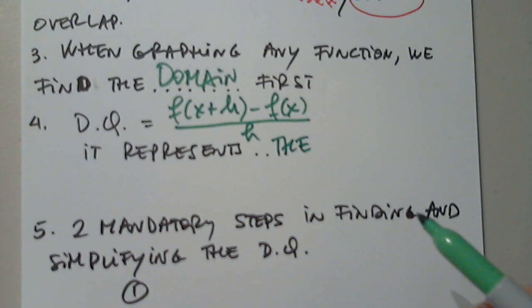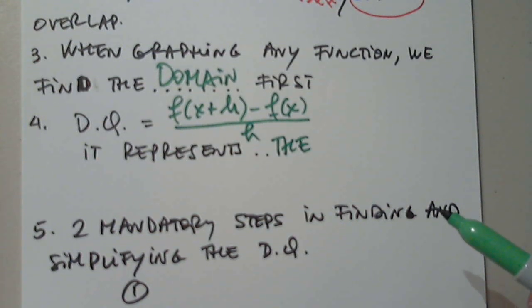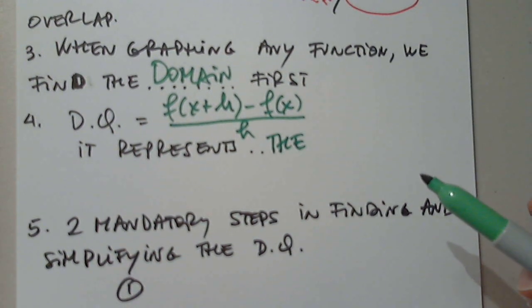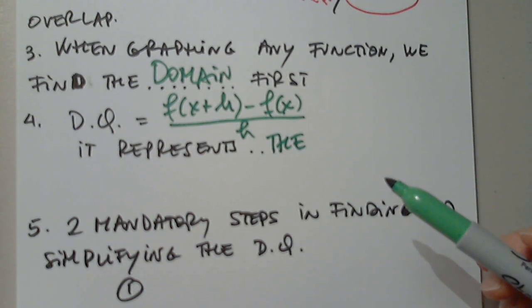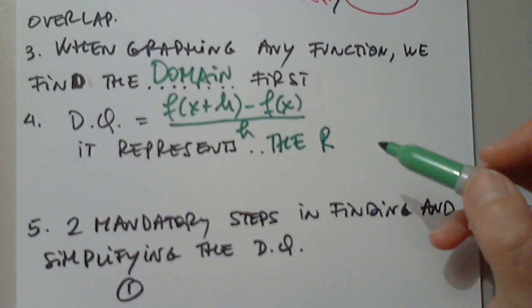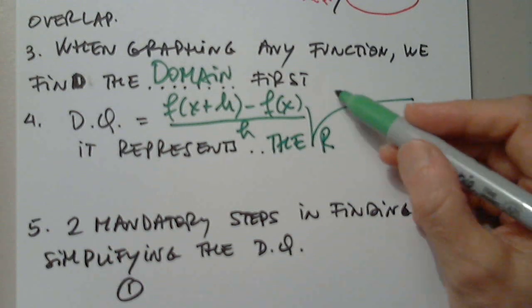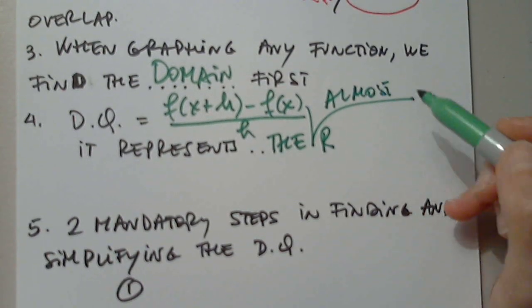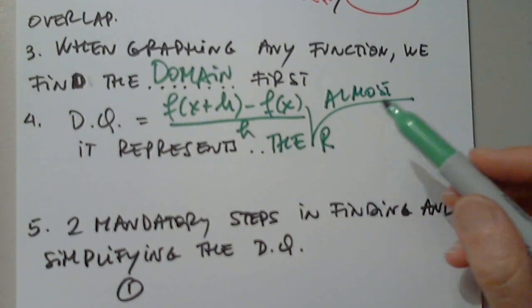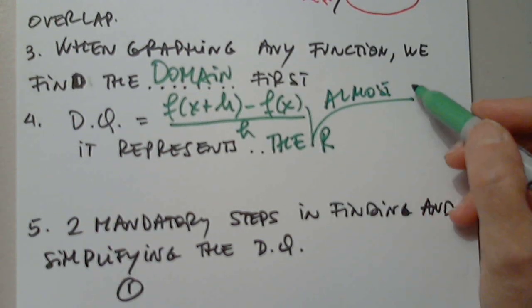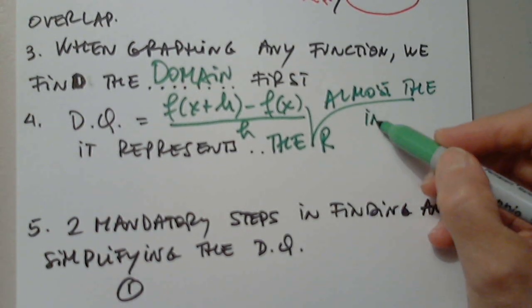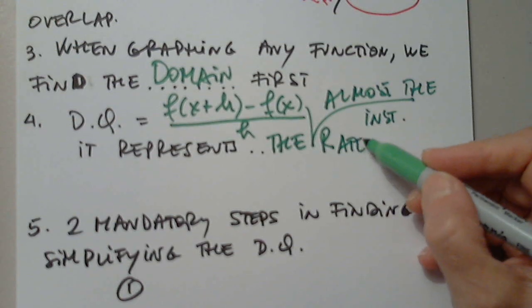Almost. Yes. What was the word you used? The almost like exact speed at that second. And almost the slope of the tangent. Yes, the almost the instantaneous rate of change.